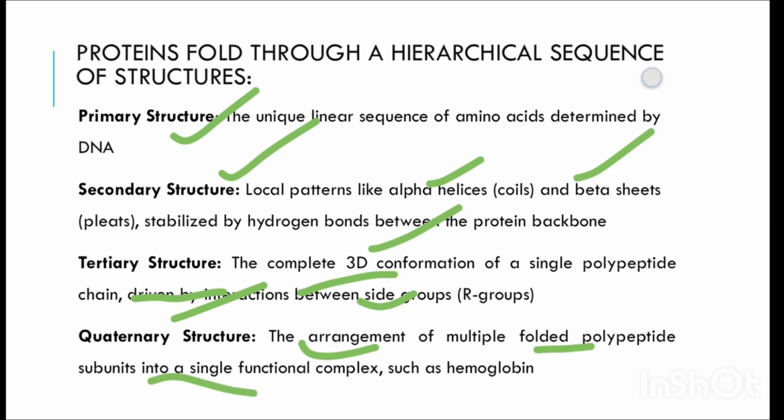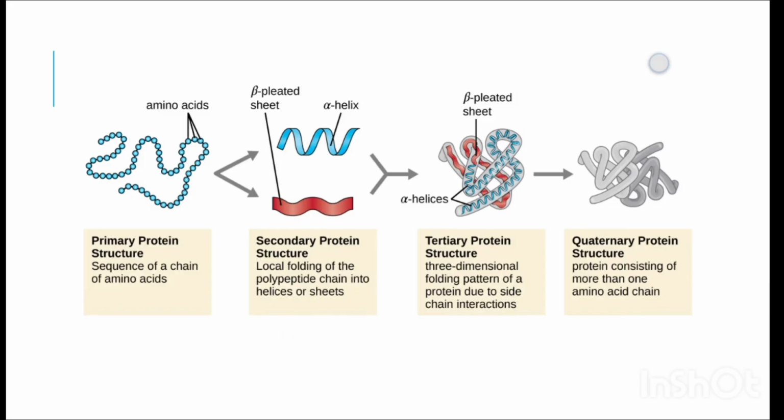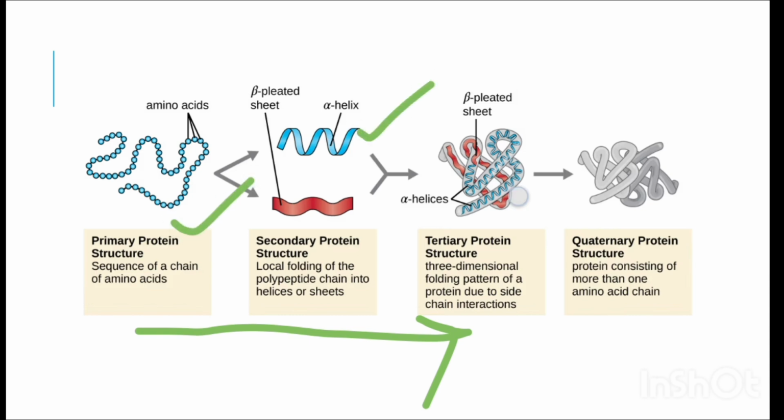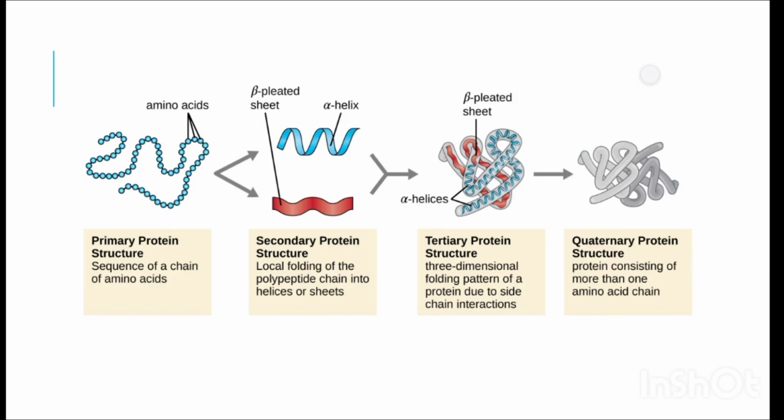For example, hemoglobin is a single functional complex, which is the result of the aggregation of different polypeptide subunits, resulting in the formation of quaternary structure. So this is the structural representation of how primary protein folds to form secondary structure, then tertiary, then finally quaternary.